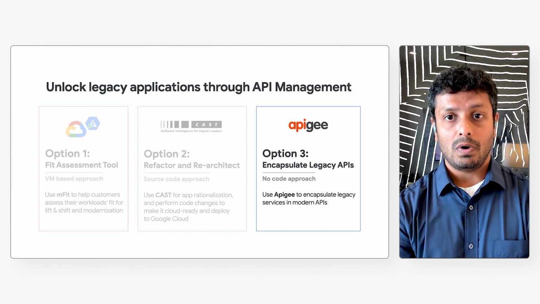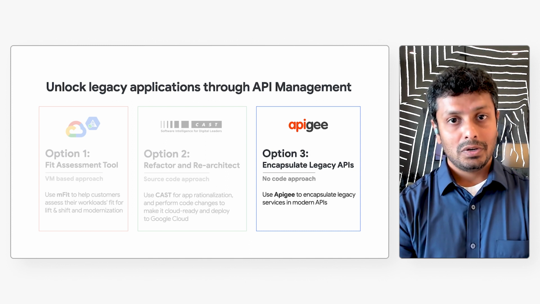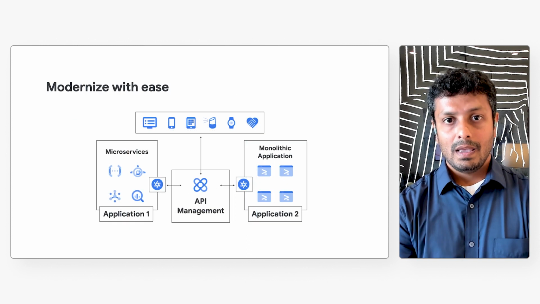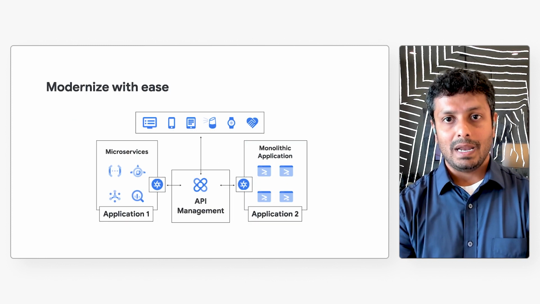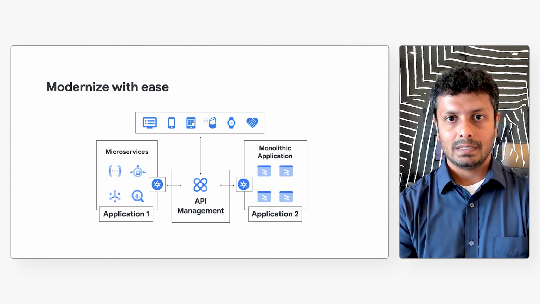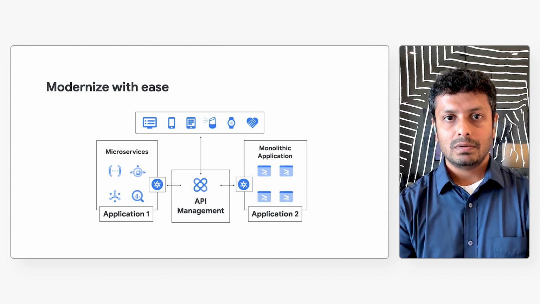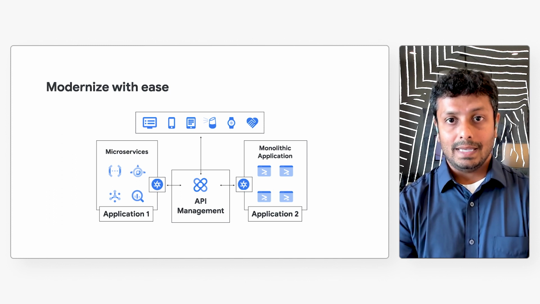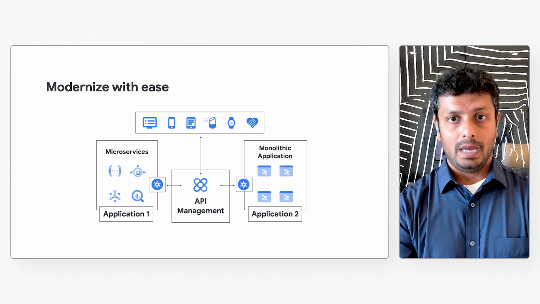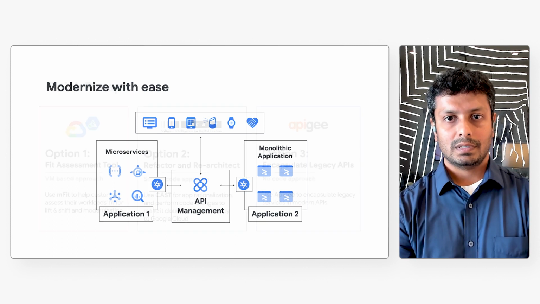Finally, if you don't want to refactor or rewrite your application or service, you can choose to encapsulate legacy APIs using Apigee. Apigee, Google's Cloud API Management tool, accelerates your modernization journey by unlocking and allowing legacy data and applications to be consumed by the new cloud services. As a result, organizations can launch new mobile, web, and voice experiences for customers.